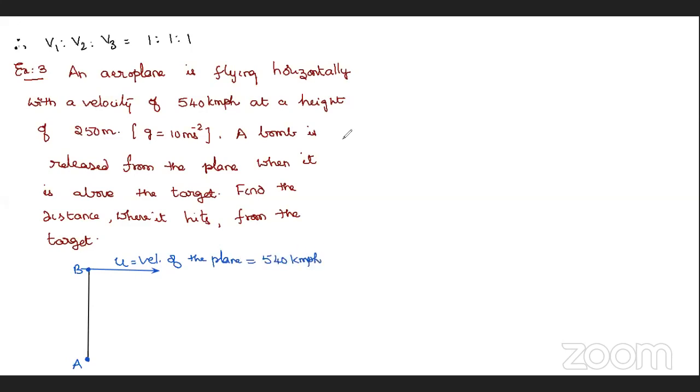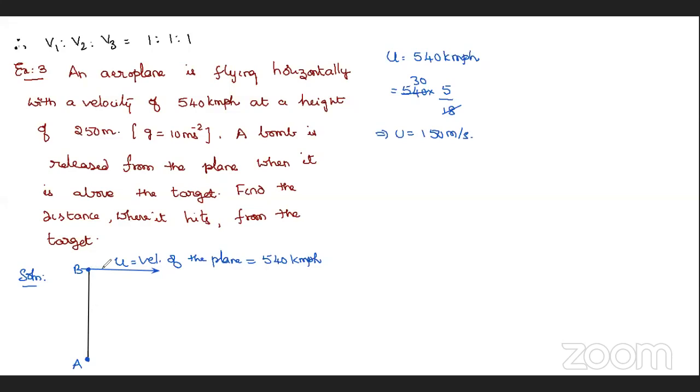All of you converted that one. In the solution, the initial velocity is 540 kmph, that we can write as 540 into 5 by 18. That implies u equals 150 meters per second.